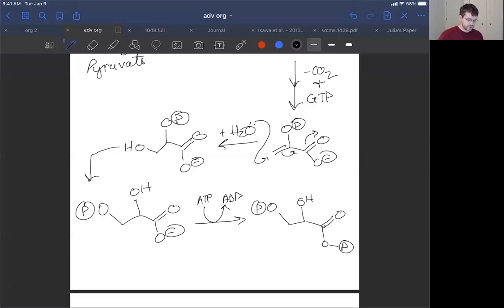Okay, there's our phosphorus group. Now we have an acyl phosphate, which is an excellent electrophile, and it's a super cool reaction. You can just reduce this with biology's equivalent of a hydride reagent, which is NADH, and then an acid too, and we can actually take this down to the aldehyde.